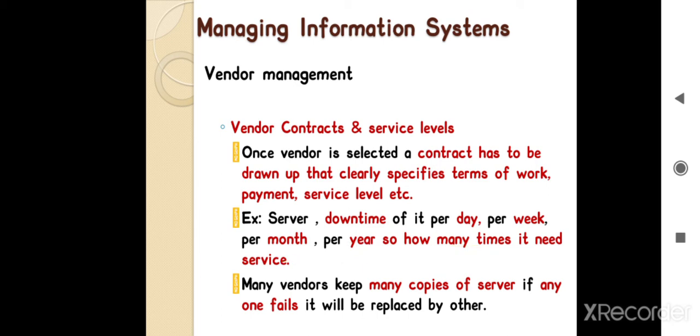A server is most important. Suppose it is a bank server, then we sometimes get messages from the internet bank that the server is in process, so the website is not going to work within a particular time span. That is nothing but downtime. So how much time that particular server requires service is given here.